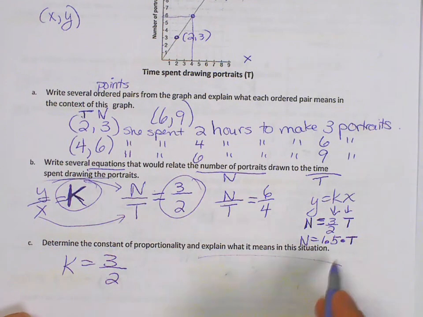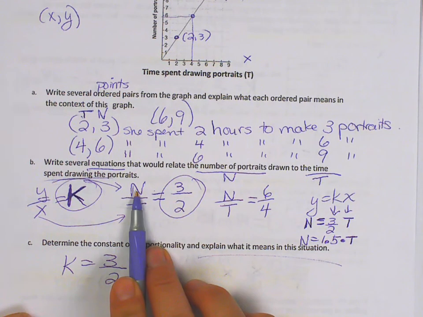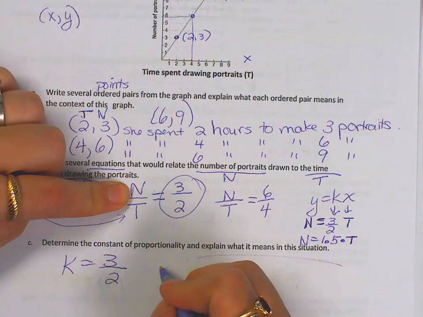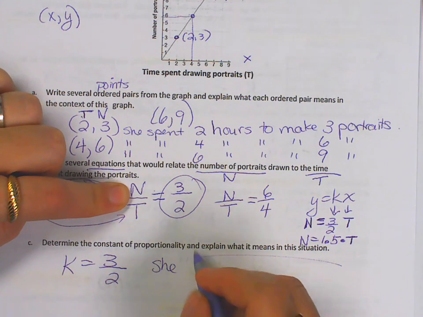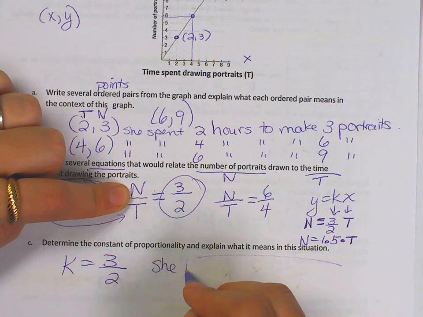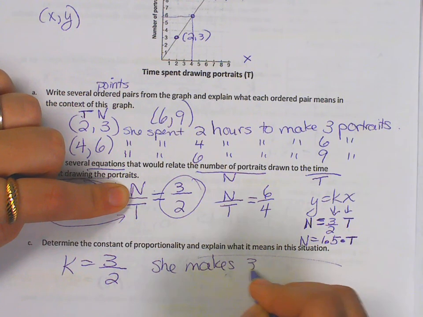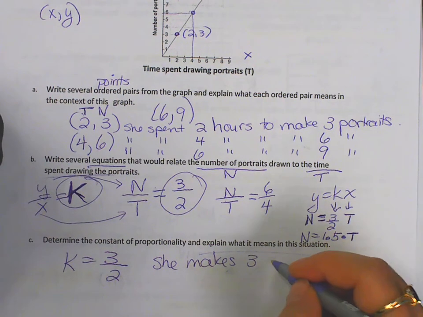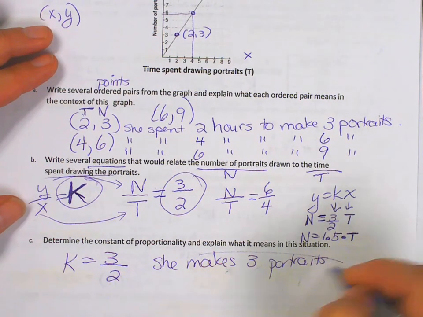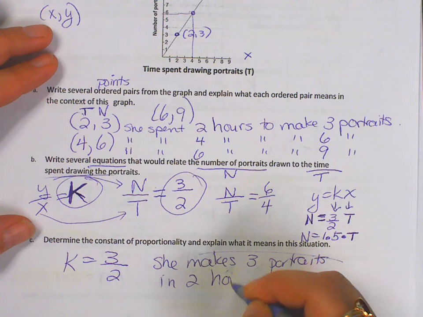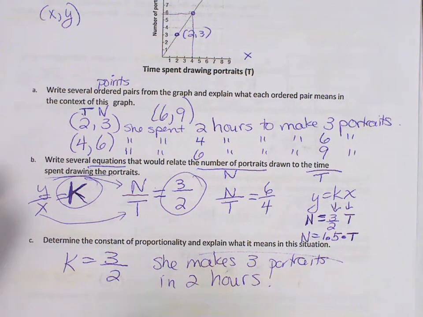Explain what it means. The 3 represents the number of portraits she makes. I'm supposed to use 3 portraits in 2 hours. I think they want for 1. What is it for 1?